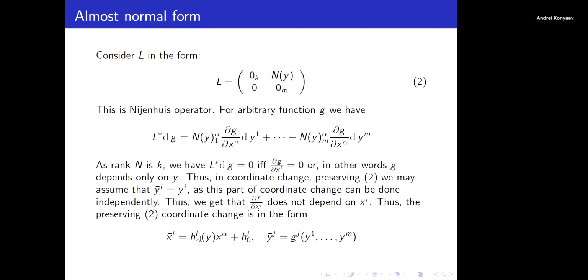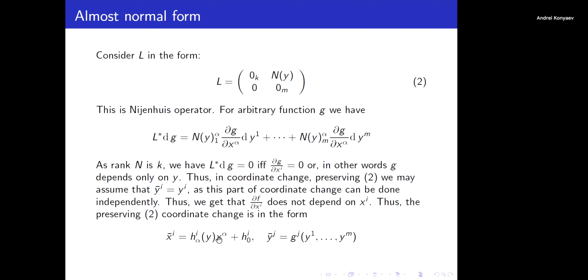We see that it's a simple exercise to show that if this matrix depends on x, it's just a simple integration, right? You just, instead of g, you take f, those that are supposed to give you ones for those commuting vector fields, for the first commuting vector fields, right?